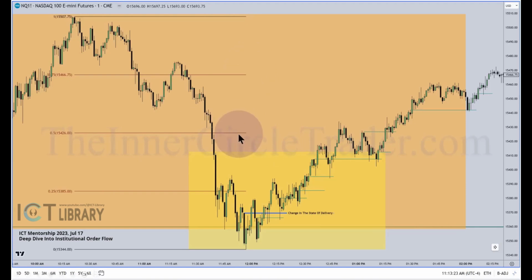So when we get above this 50% level, it's far less probability, more risk if we start taking order blocks and buying them above this level, because we're in the premium range of this high to low. Doesn't mean it can't keep rallying. It just means that we have to do all of our buying below equilibrium or less while we're in a discount. That's the framework for high probability.